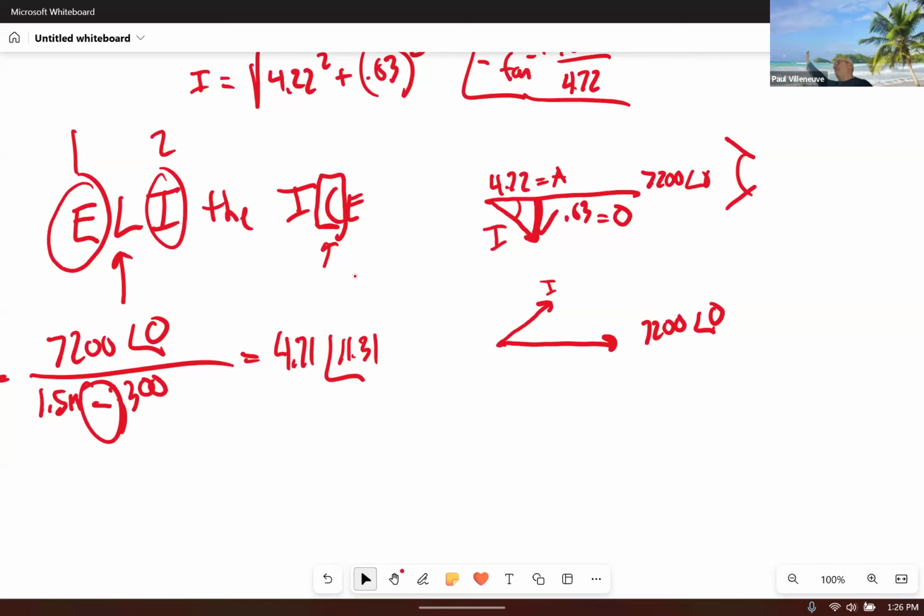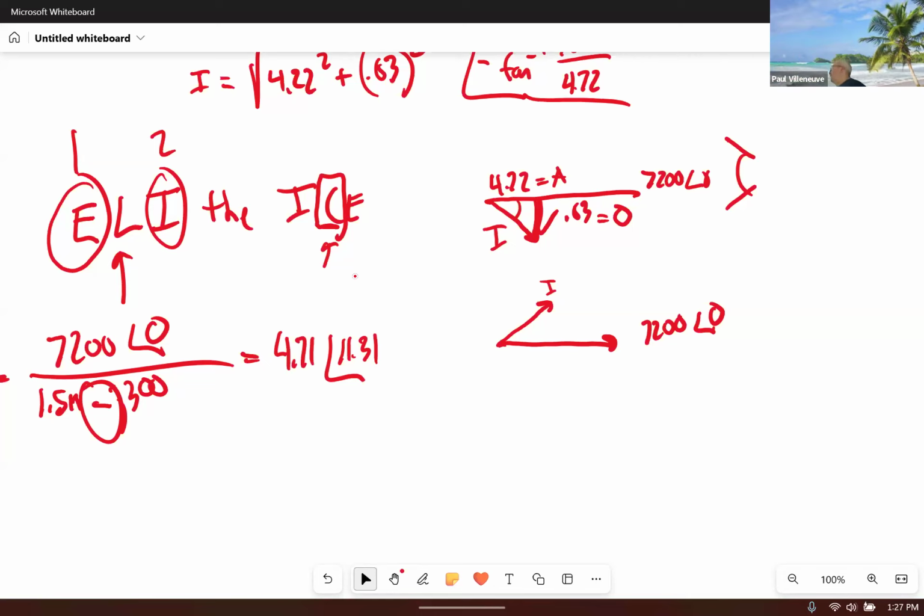If I really want to throw you for a loop, in Europe they use U for voltages. But in the US, and I think all of North America, including Canada, voltage is typically referred to with the letter V. In early physics books, they would say E is equal to something. That's the base level physics.